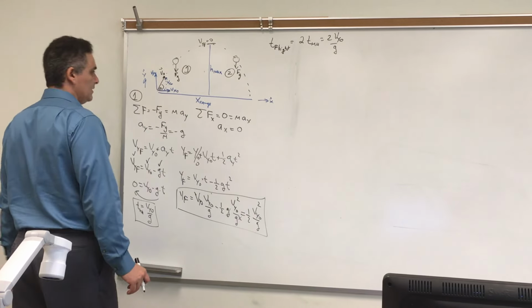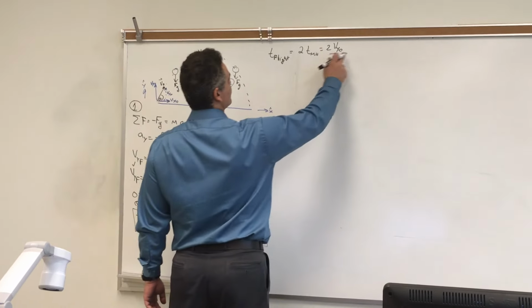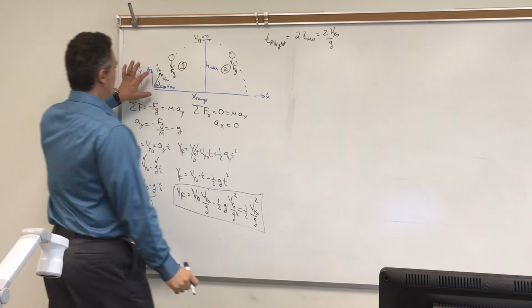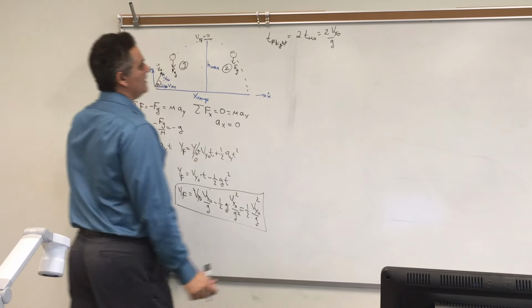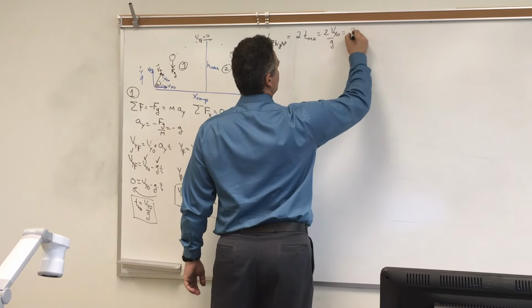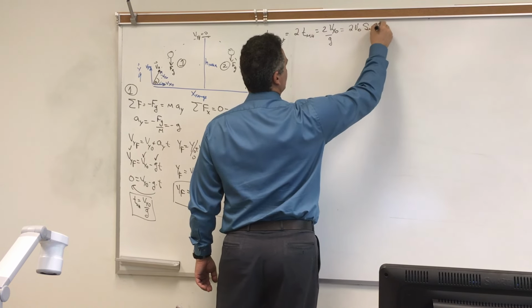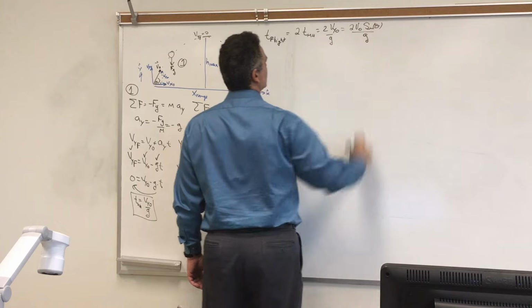If you look at this picture, we now know the time of flight, Vy 0. And remember, Vy 0 here is the sine, so we can rewrite this. It's 2 V0 sine of the angle over g.